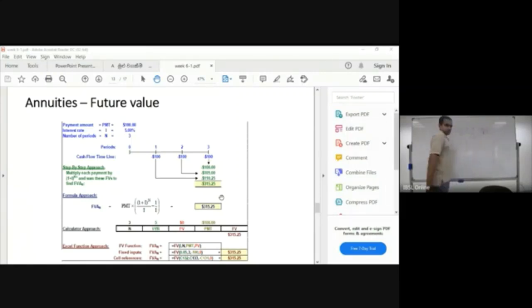So the future value is your payment into 1 plus I to the power n over I, minus 1 over I.